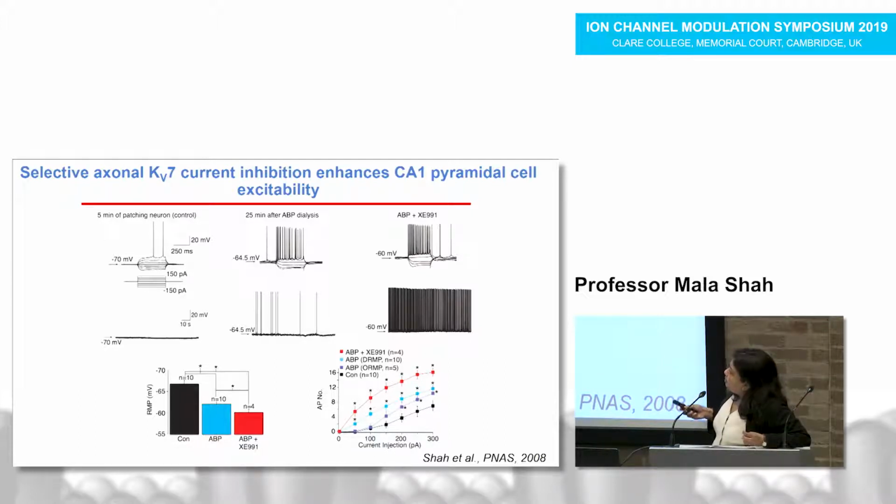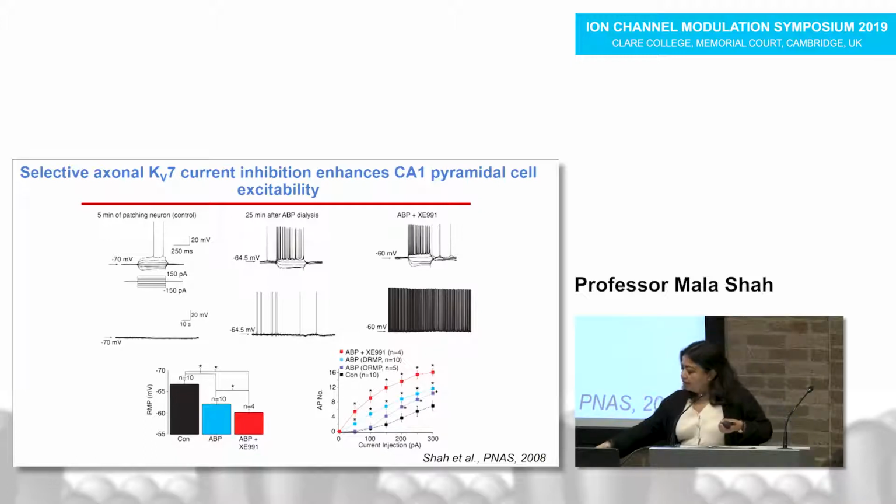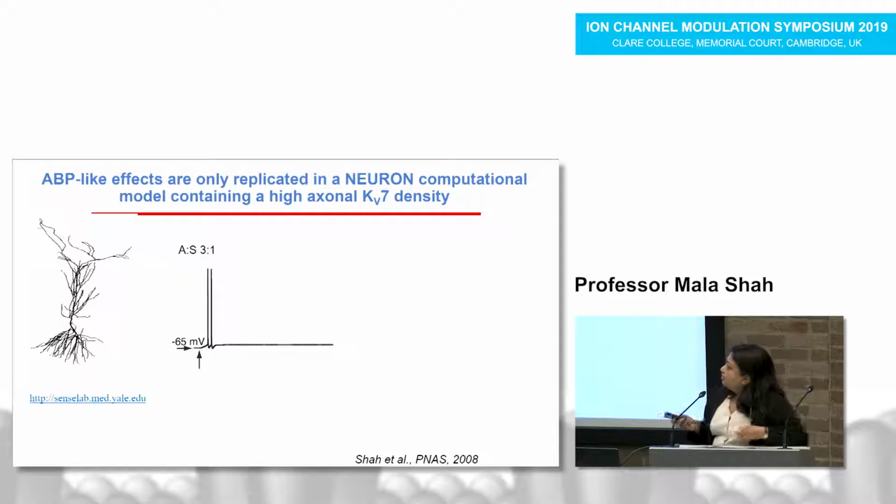So this work suggested to us that there were channels in the axon, but also in the soma. And how many channels in the soma versus axon? So we basically collaborated with Michele Migliore to make a computational model of the CA1 pyramidal neuron.